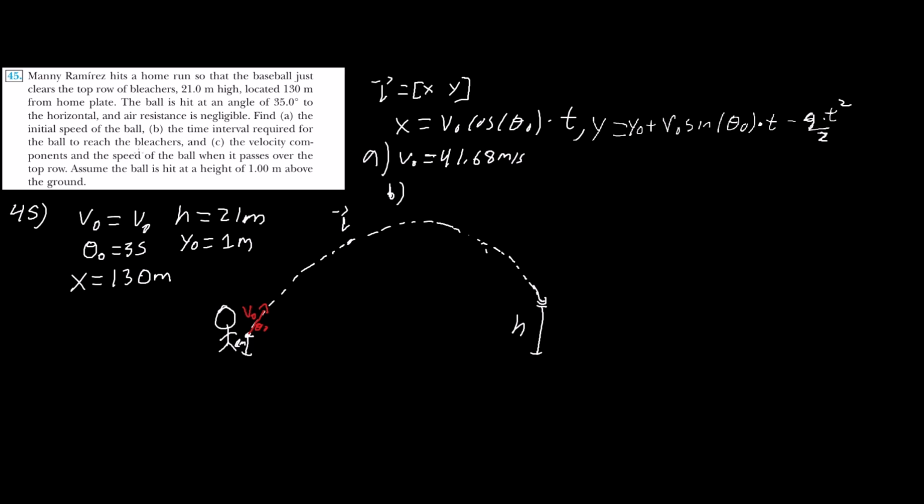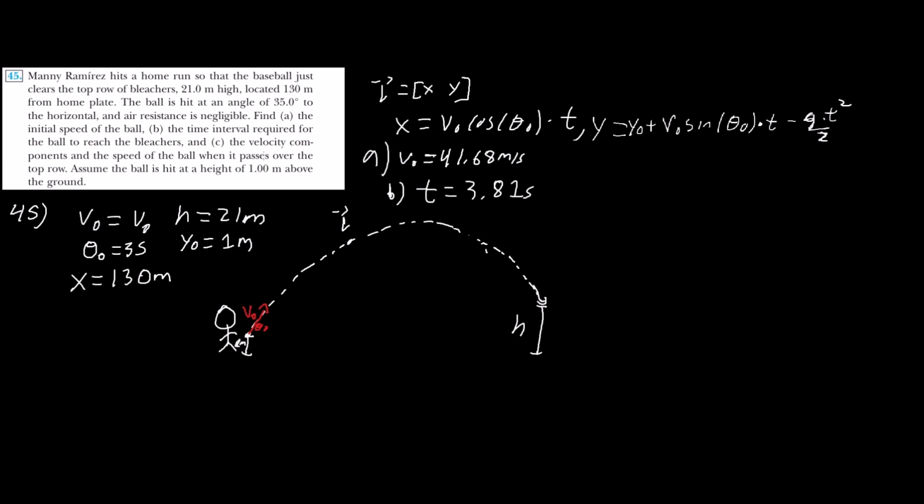If x is 130 meters and you are given the initial velocity of the ball with some angle, then there's your component. You could use either of these equations to state that the time it takes for the ball to reach the bleachers is 3.1 seconds.